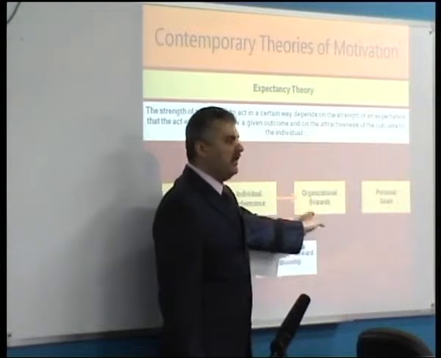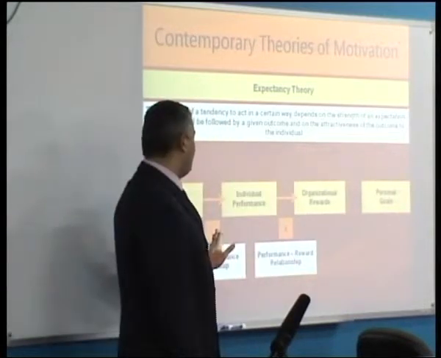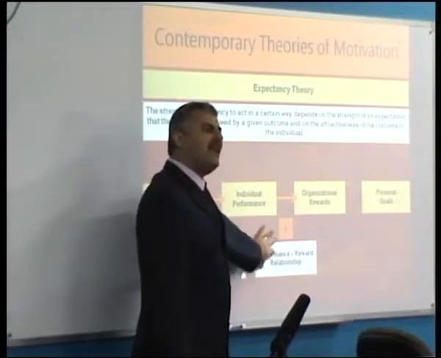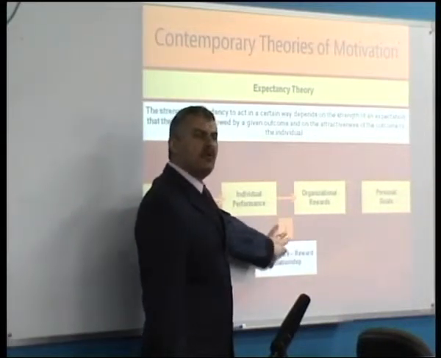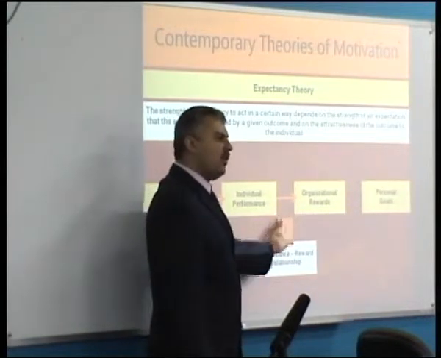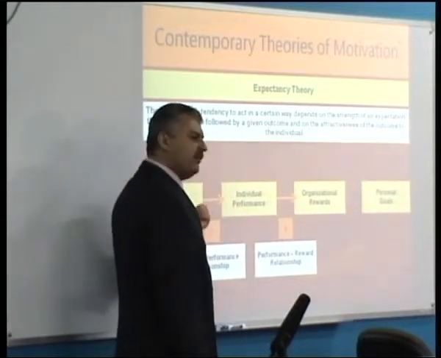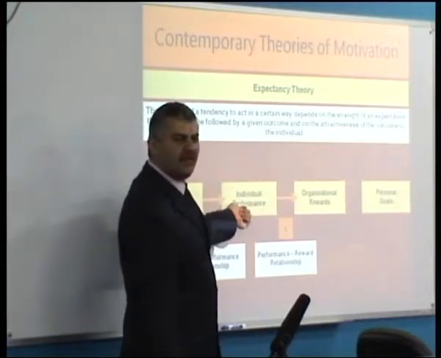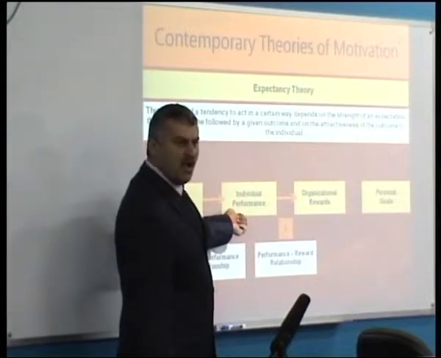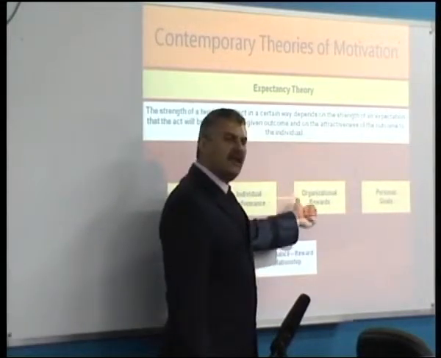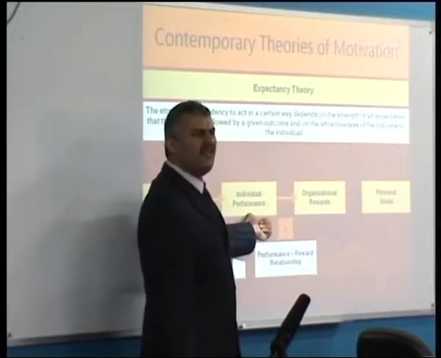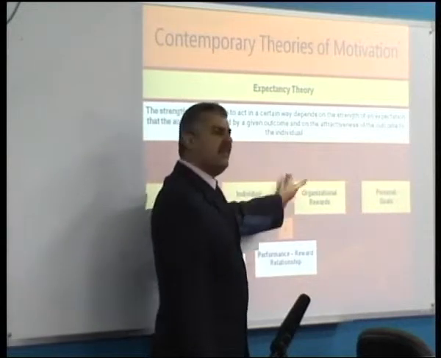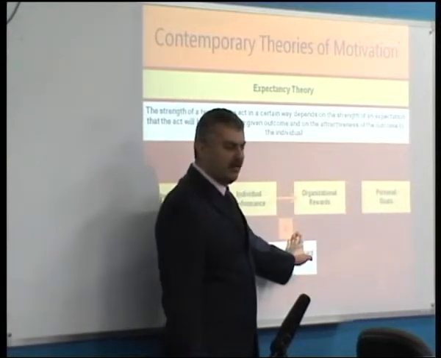If the first answer was yes and the second answer was no, the employee is going to neglect the situation. Why? Because the employee can exert the effort, and this will help reach the performance level desired by the organization, but if the reward is not satisfactory to the employee according to the performance, then the employee is going to neglect the situation.